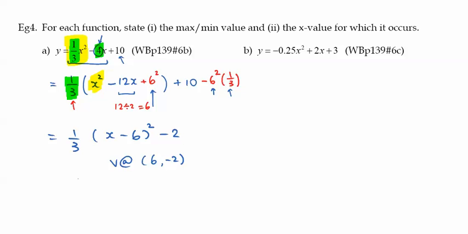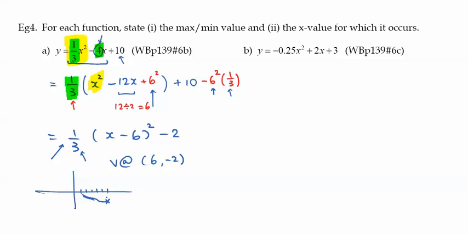So if I'm to make a quick sketch, 6 and negative 2 is my vertex, and since I have a positive parabola, this is a parabola that opens up with a size that is 1/3 the original, and that means it goes wider.